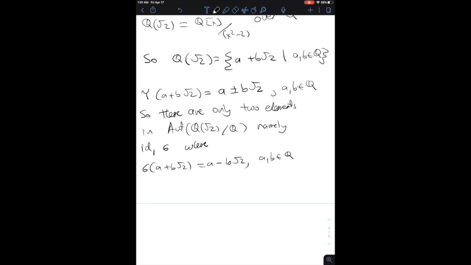So sigma of a plus b root 2 equals a minus b root 2.